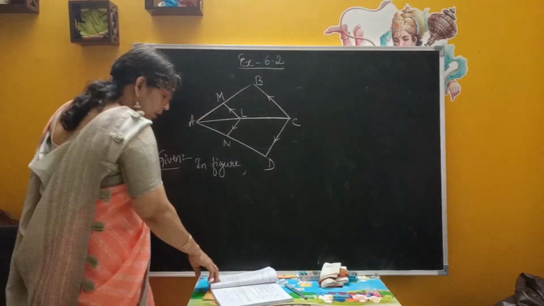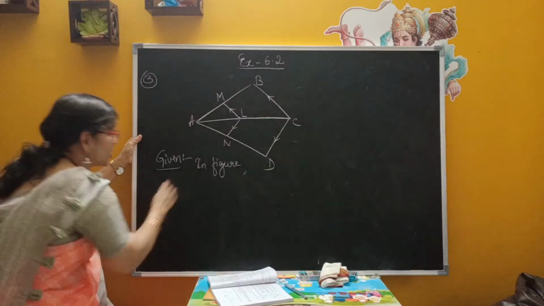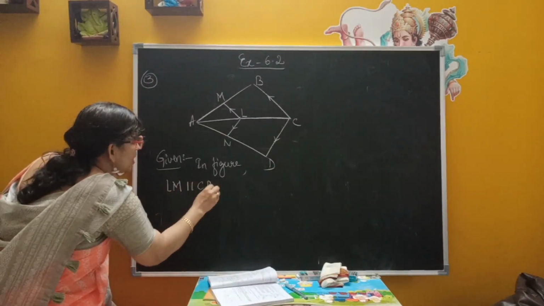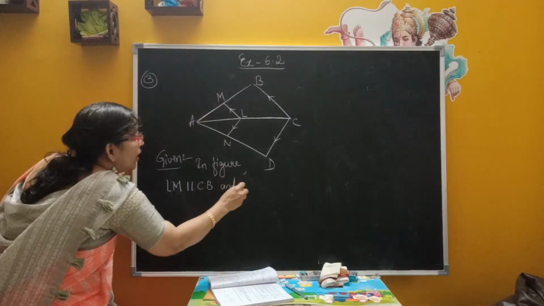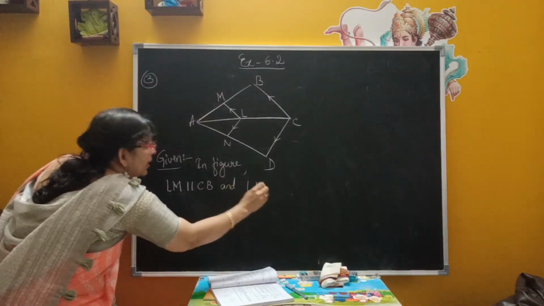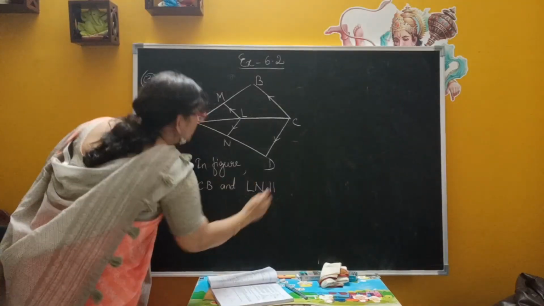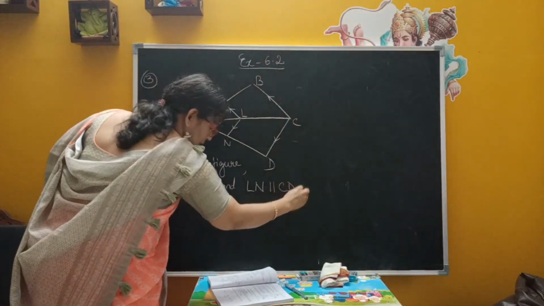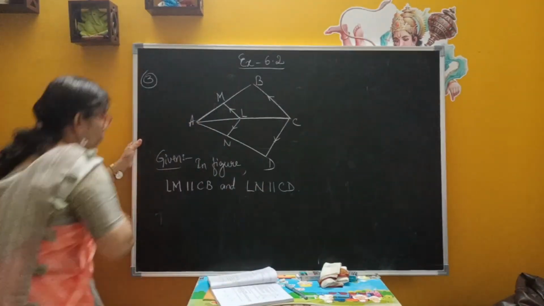So here LM is parallel to CB, and LN is parallel to CD. This is given. What to prove?